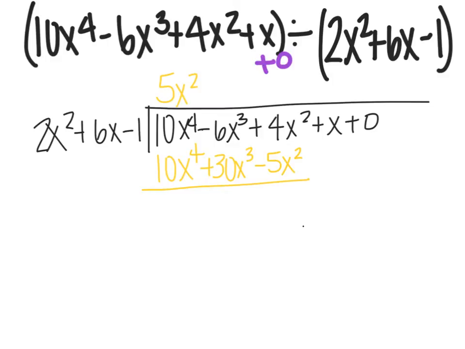And this is a division problem, so I'm going to end up switching all of my signs. So I'm going to put a minus here, and this becomes a plus sign.